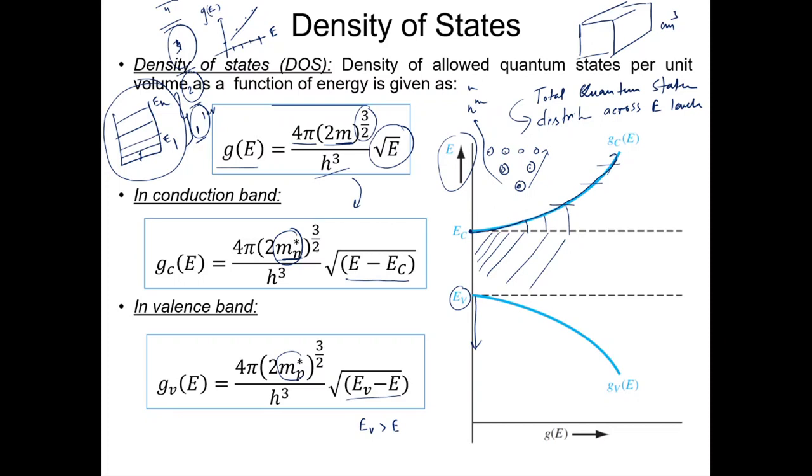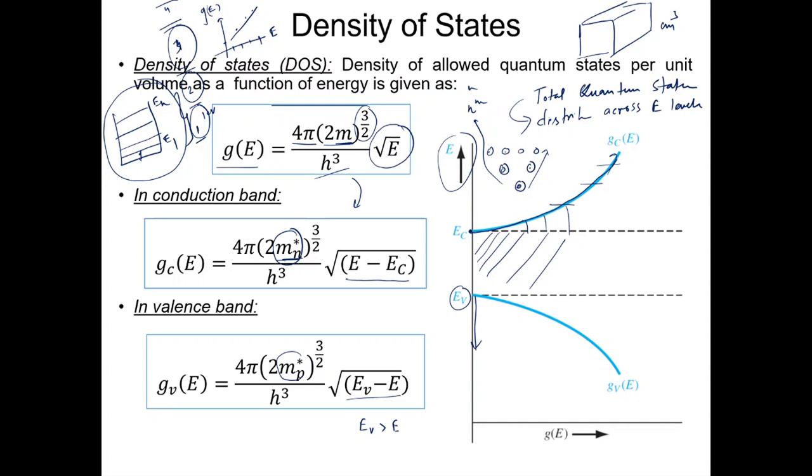As you progressed to higher energy levels, you got more states available to be occupied. In the same way, for solids, as you progress higher in the energy level, you have more states available to be occupied. And this distribution of states as a function of energy is called the density of states.